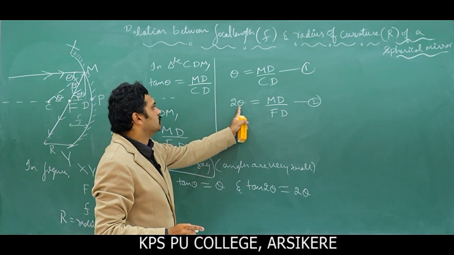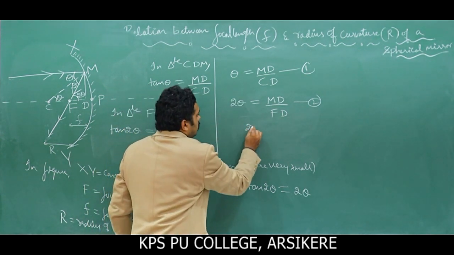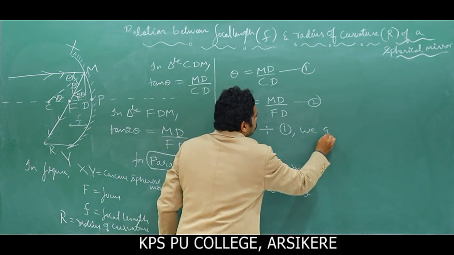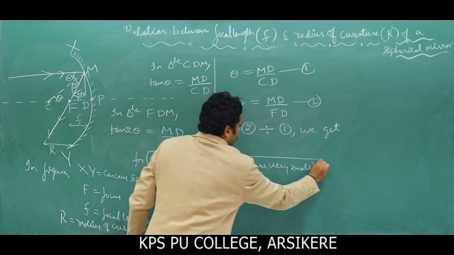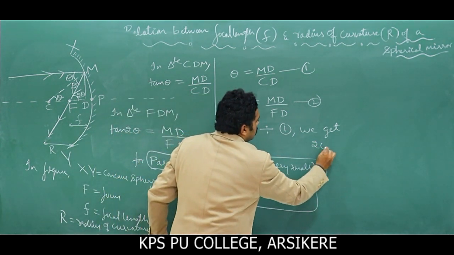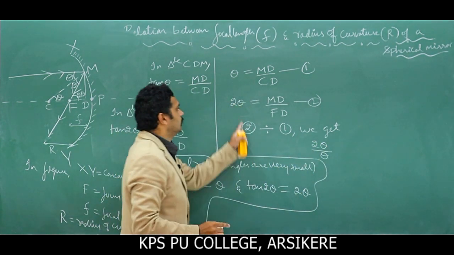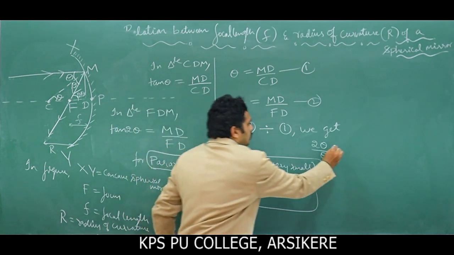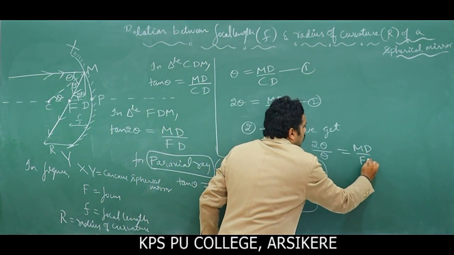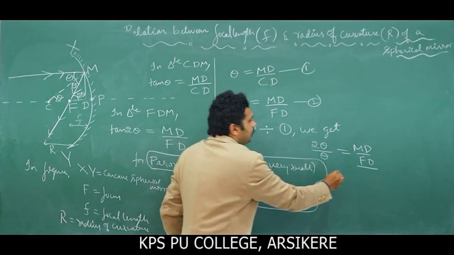Now divide equation 2 by 1. What is equation 2? 2 theta. What is equation 1? Theta. Left hand side is 2 theta by theta, equal to MD by FD divided by MD by CD.